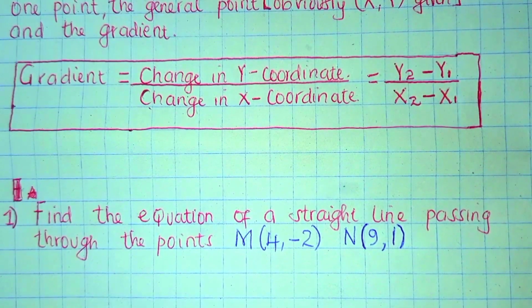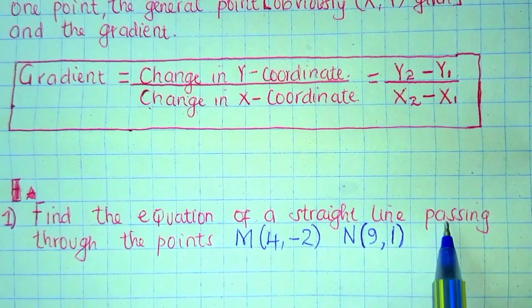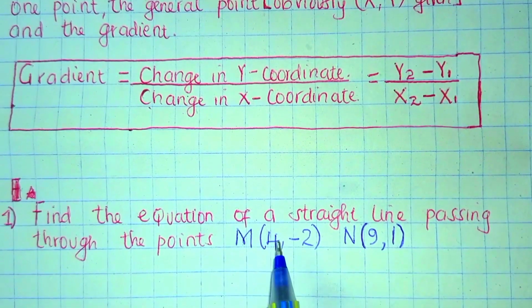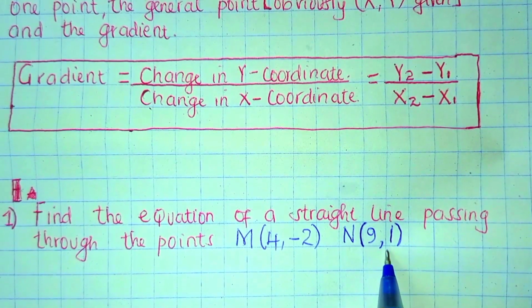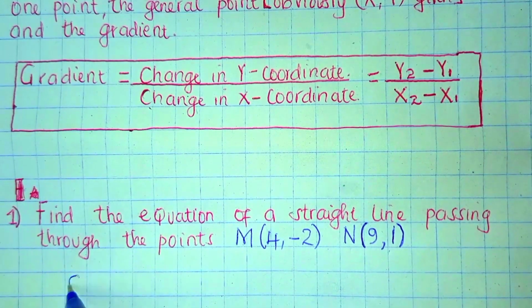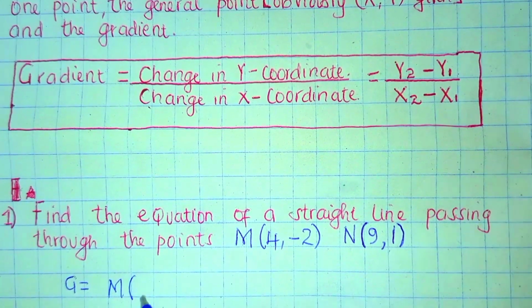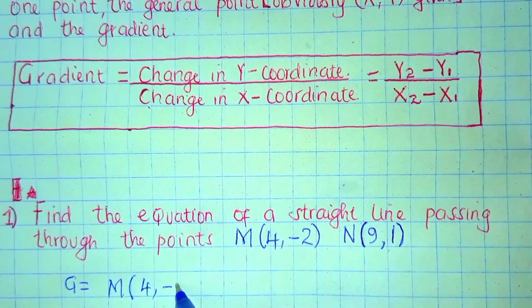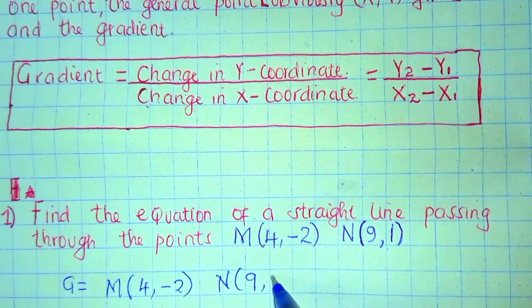So let's have a look at this question, which requires us to find the equation of a straight line passing through point M, which is (4, -2), and point N, which is (9, 1). The first thing we should do is find the gradient. We have point M (4, -2) and point N (9, 1).